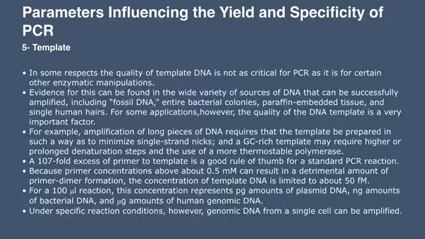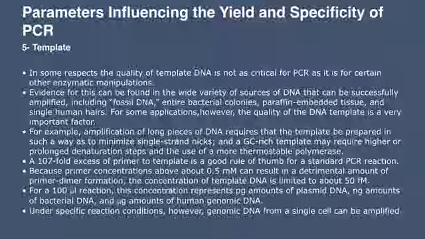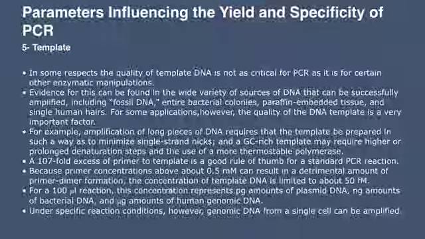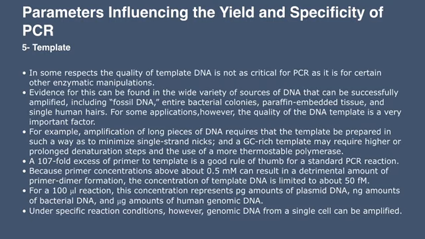For example, amplification of long pieces of DNA requires that the template be prepared in such a way as to minimize single strand length, and a GC-rich template may require higher or prolonged denaturation steps and the use of a more thermostable polymerase.